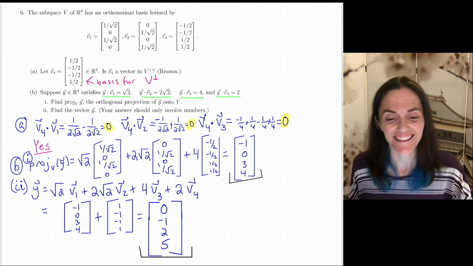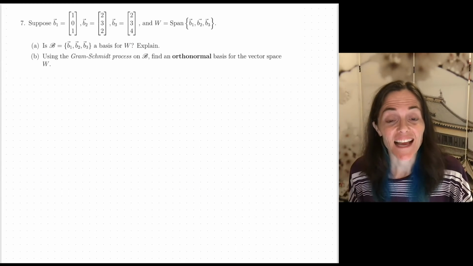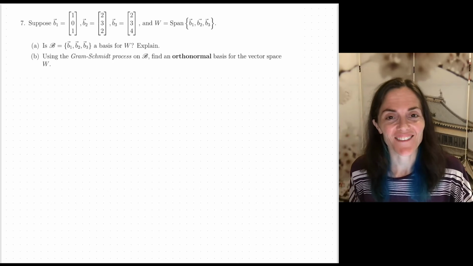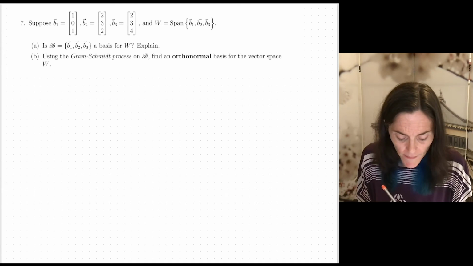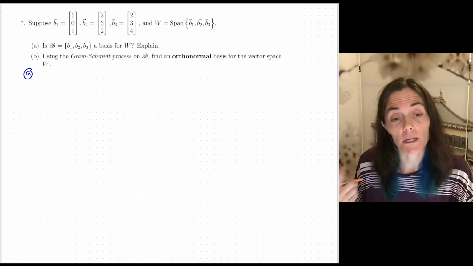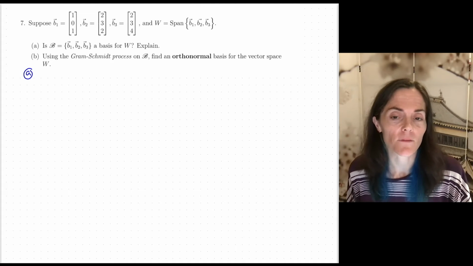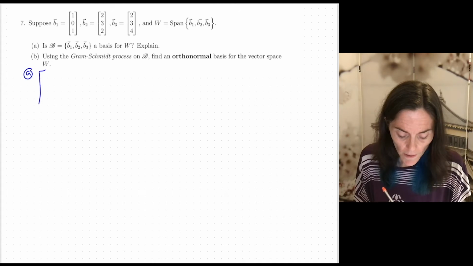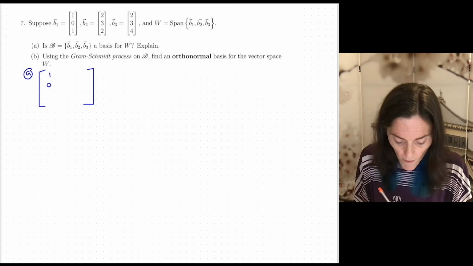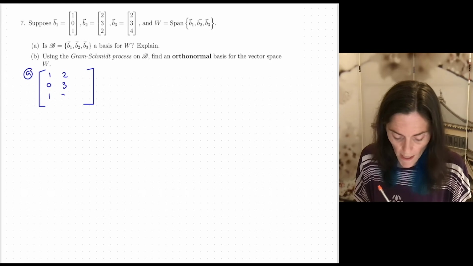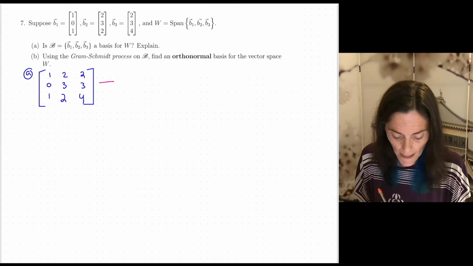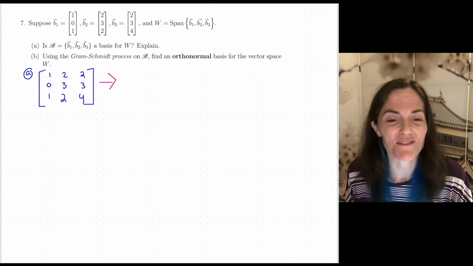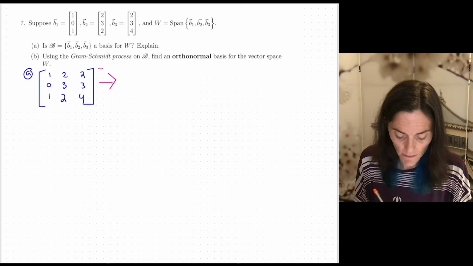Okay, fantastic. Number 7. Now we have Gram-Schmidt, which is wonderful. The first question, 7A, asks us, is B1, B2, B3, this collection, a basis for the space that it spans? Well, all we need to do is figure out if this collection is linearly independent. We can address this in more than one way, but I think the shortest way is to put these vectors as columns of a matrix, and perform one elementary row operation. Just take minus row 1 and add this to row 3.